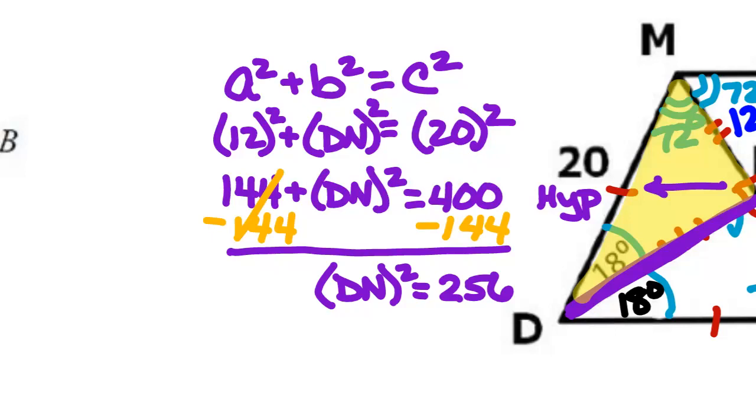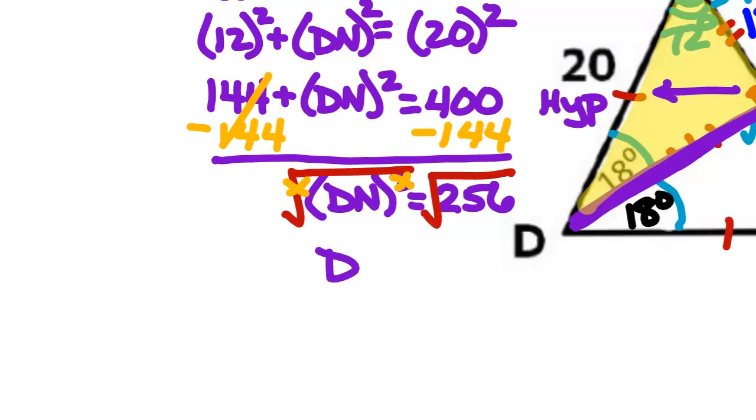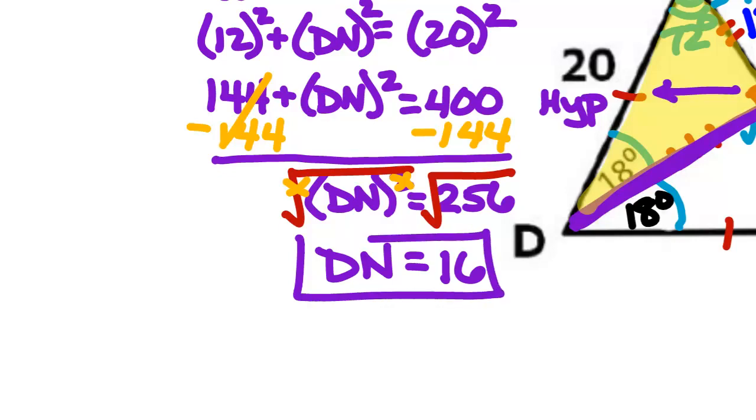And then we do the square root of both sides to get DN isolated. Over on the left, the squared and the square root cancel each other out. What is the square root of 256? 16. So DN is 16.